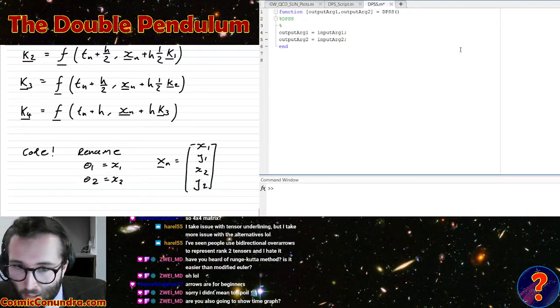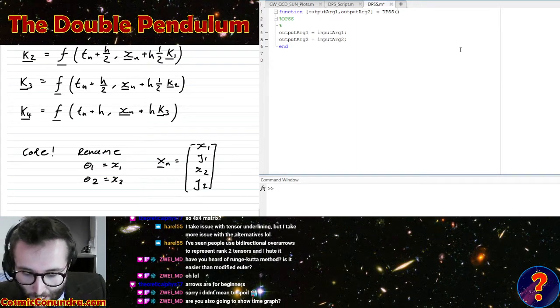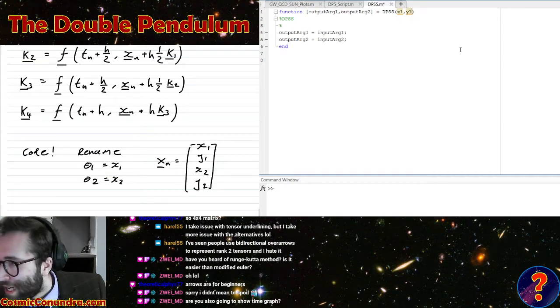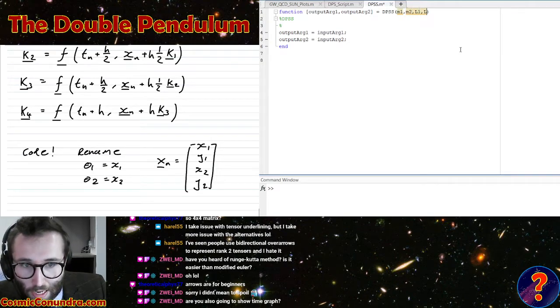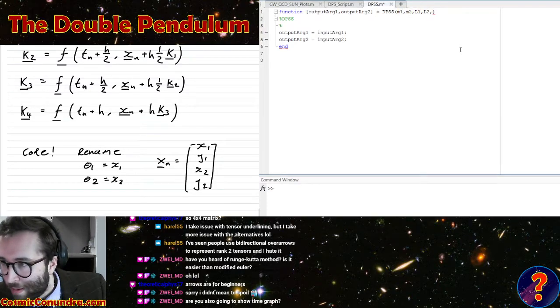So this function should depend on x1, it should depend on y1. Well, it should depend on the initial conditions anyway, actually. Let's not put them in that order. The first thing it should depend on, most obviously, are the masses of the two particles, m1 and m2. It should depend on the lengths that the particles are hanging from in the pendula.